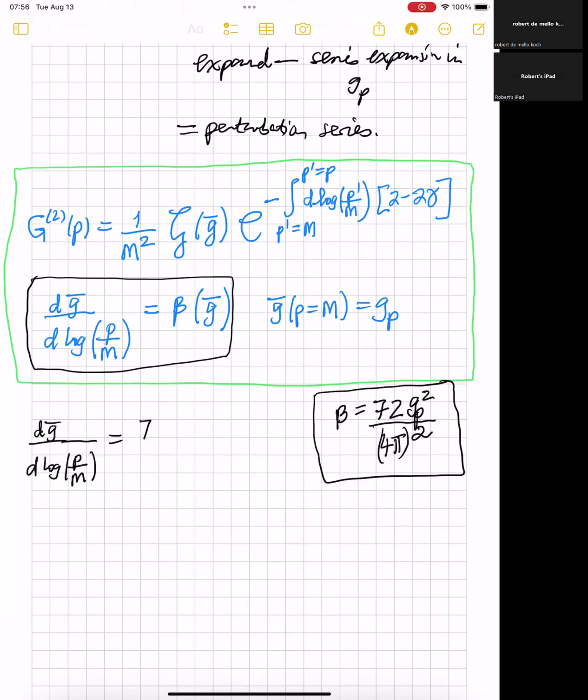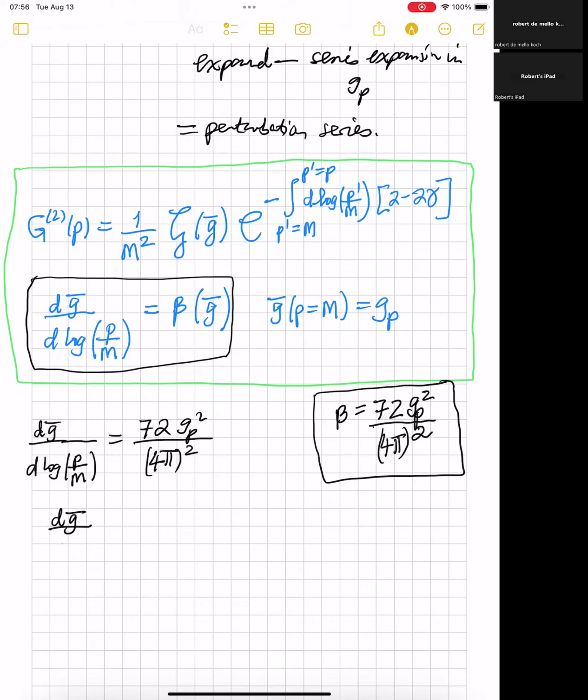And the beta function is just 72, the physical coupling squared, divided by 4 pi squared. And this is a particularly easy differential equation to solve. I'm sure you've solved many like this before.